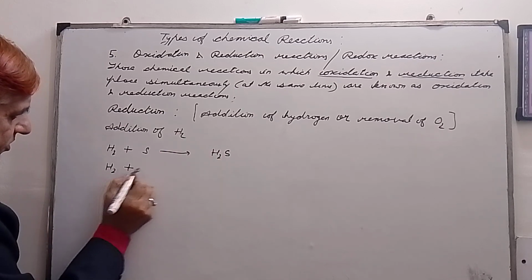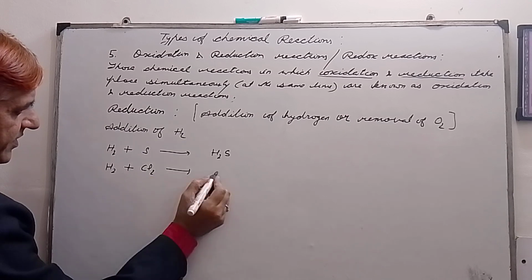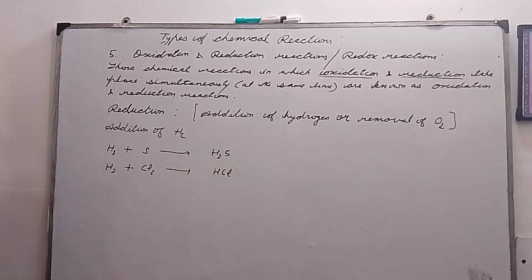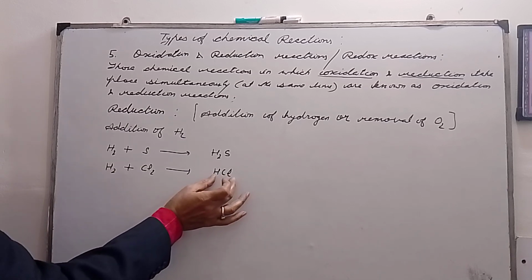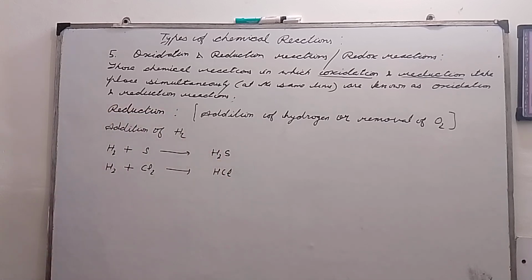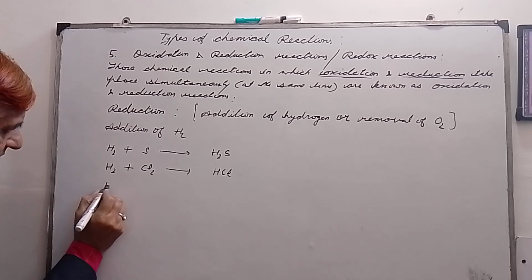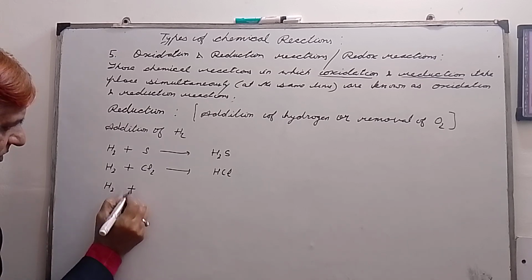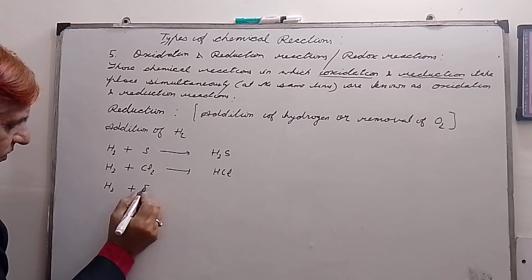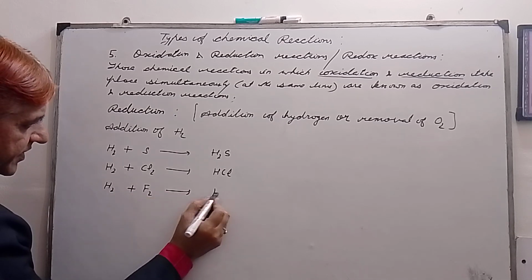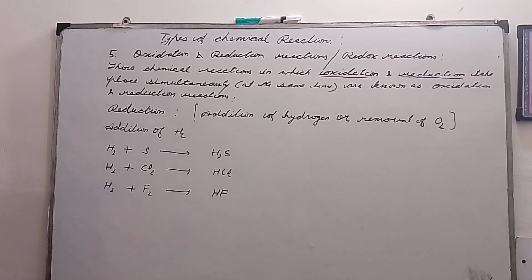Similarly, hydrogen plus chlorine gives HCl. Again, hydrogen is getting added, so reduction. Similarly, we can write hydrogen plus fluorine gives hydrogen fluoride.